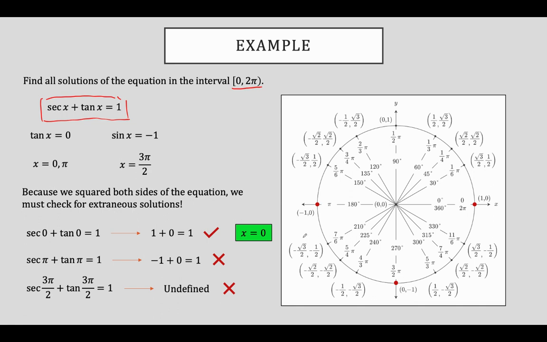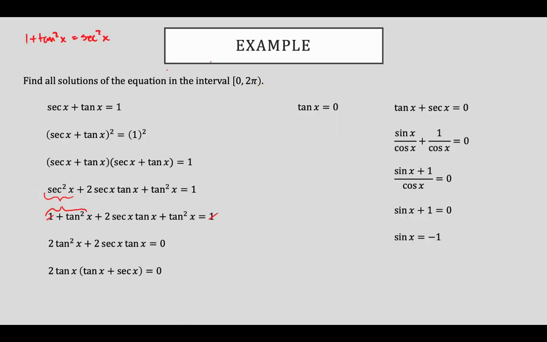All right, now you might have even noticed that back when we were doing this manipulation here, notice sine of x was equal to negative 1, and we got x was equal to 3 pi over 2. Notice that if you were to plug in 3 pi over 2 into the denominator, we would actually get an undefined value.